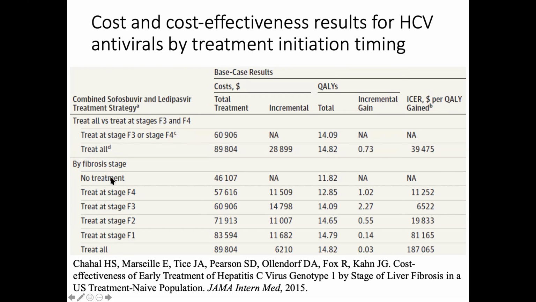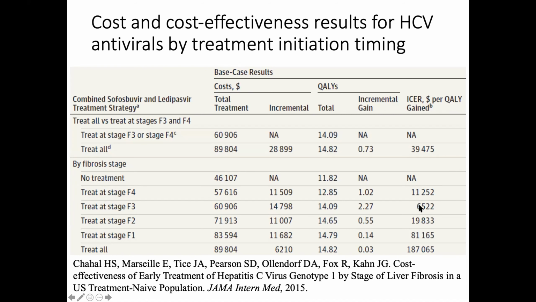But then we said, let's be more precise about this. Let's not just do treat all versus treat late. Let's do it stage by stage. So we said our reference case is just not treating. Then the next option is treating only very late in disease, waiting until late in disease. Then a little bit earlier, and then treat everyone. So we compared these incrementally. And what we found is that the incremental cost effectiveness ratio for stage 4 versus no treatment was clearly appealing, $11,000 per quality gain.